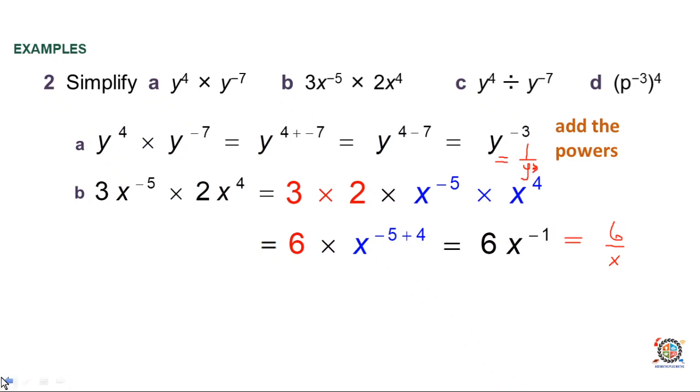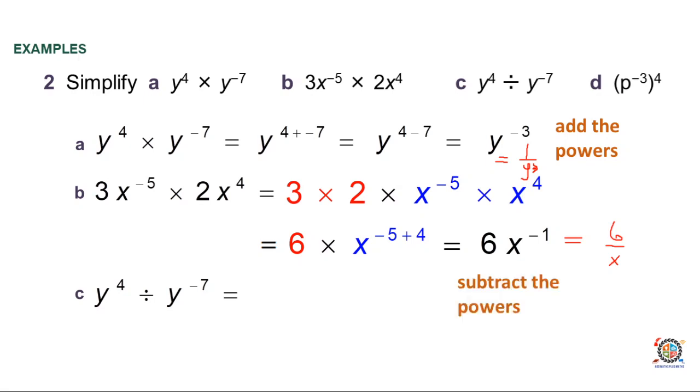Okay, next, let's move on to letter C. Letter C, y to the power of 4 divided by y to the power of negative 7. Y to the power of 4 divided by y to the power of negative 7, meaning you will subtract. Rule number 2.